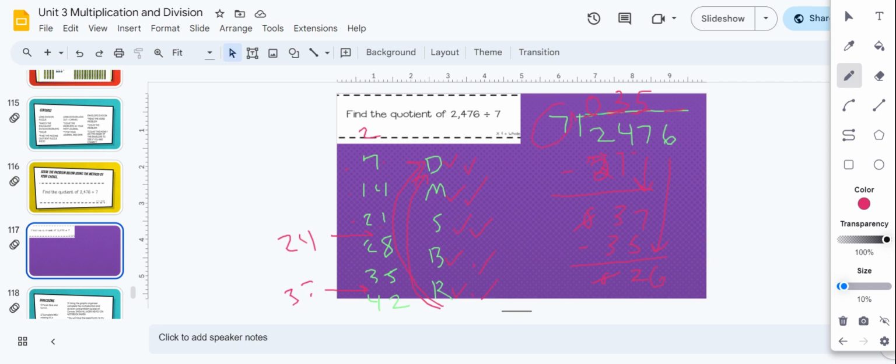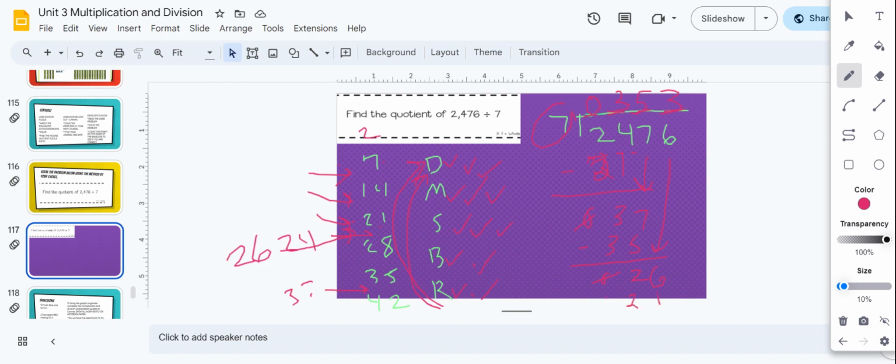7 into 26. And I can see that 26 would be between 21 and 28. So it goes into it 3 times. And 3 times 7, my multiplication, is 21.